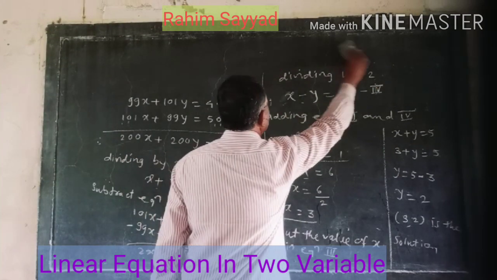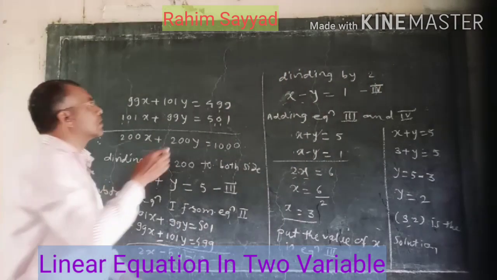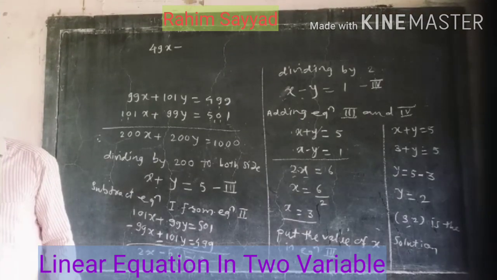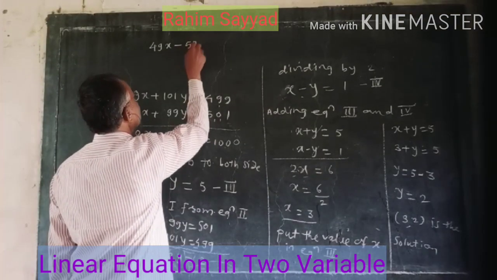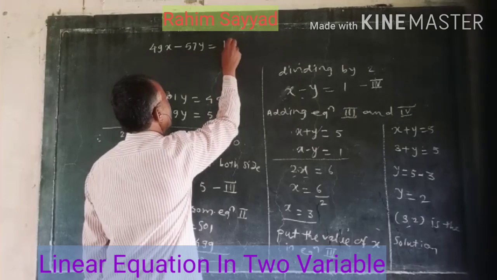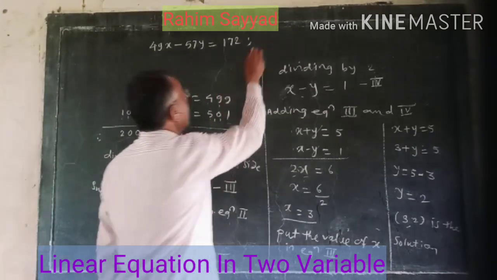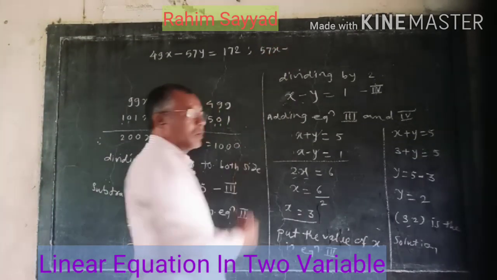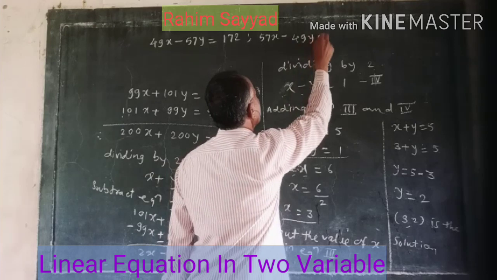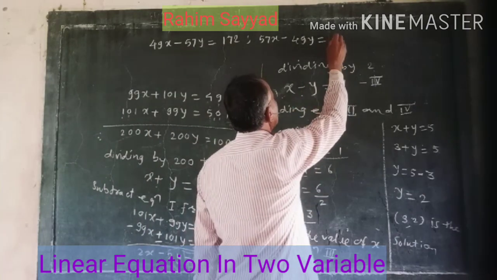Now see, 49x minus 57y is equal to 172, comma, 57x minus 49y is equal to 252.